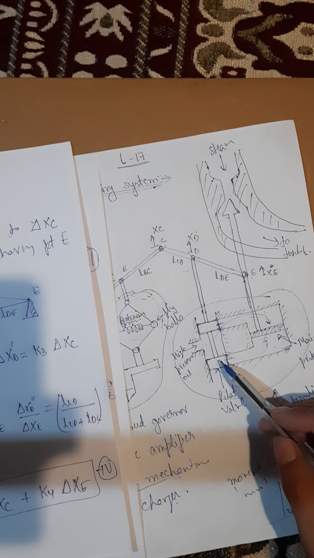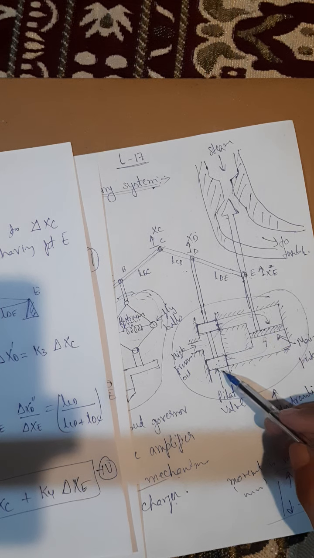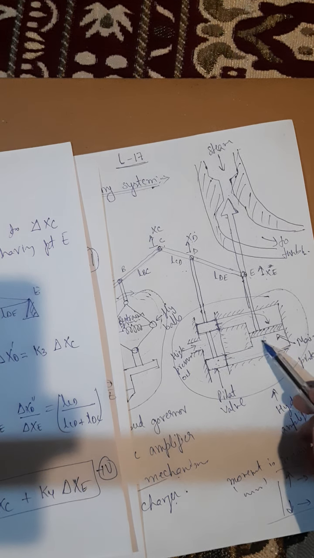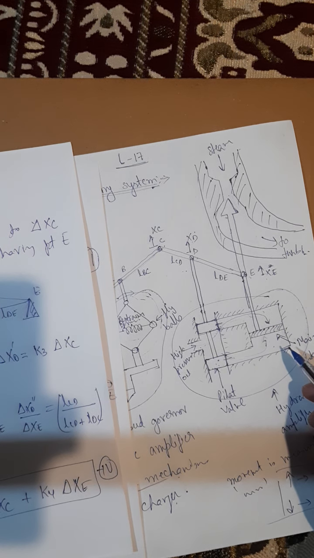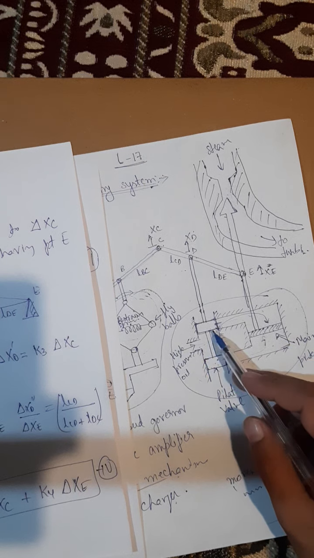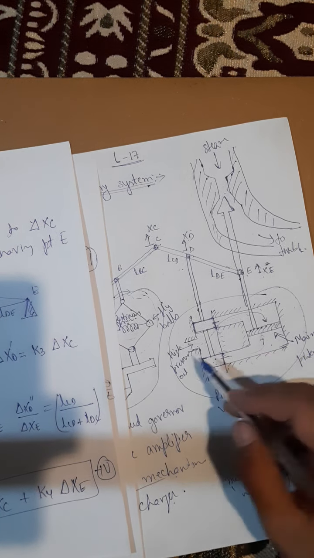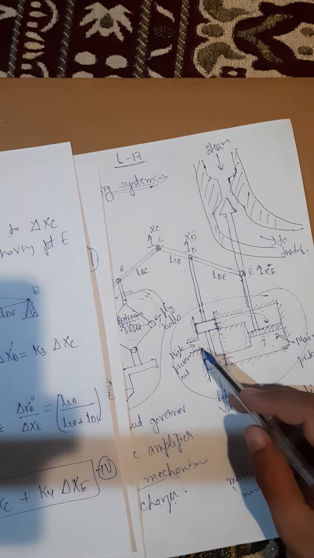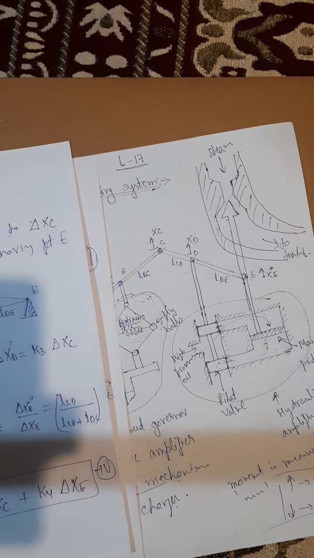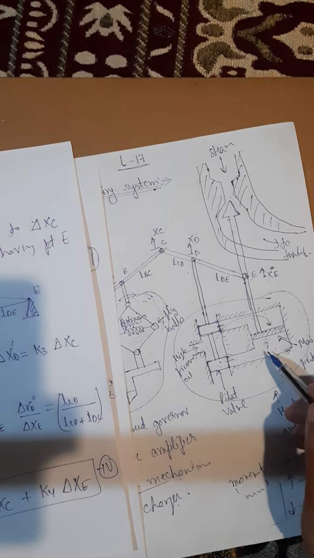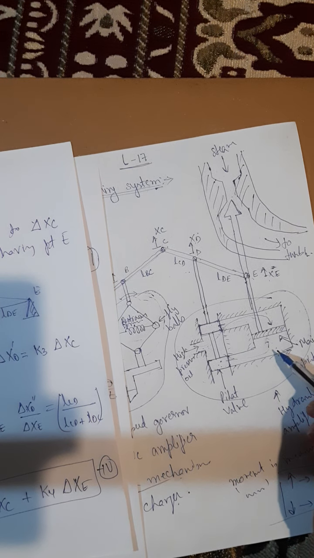We are saying that the inertial forces of both these valves, that is the pilot valve and the main piston valve, are negligible as compared to the external forces exerted on the piston valve by the high pressure oil. Because oil enters from here and pushes it downwards, or it can enter from here and push it upward. So the inertial forces of the valves are negligible compared to the external forces exerted on the piston due to the high pressure oil.